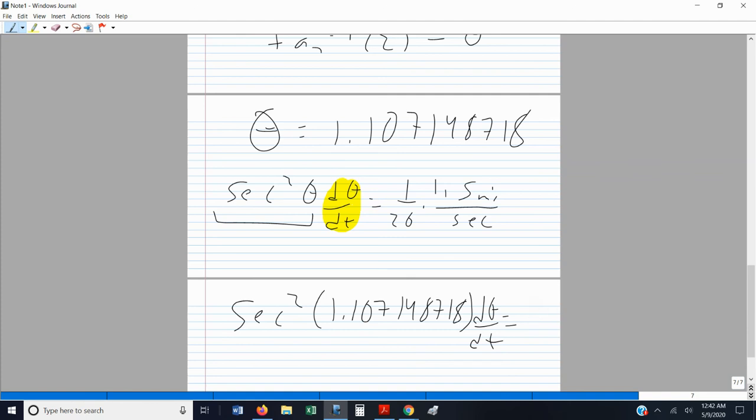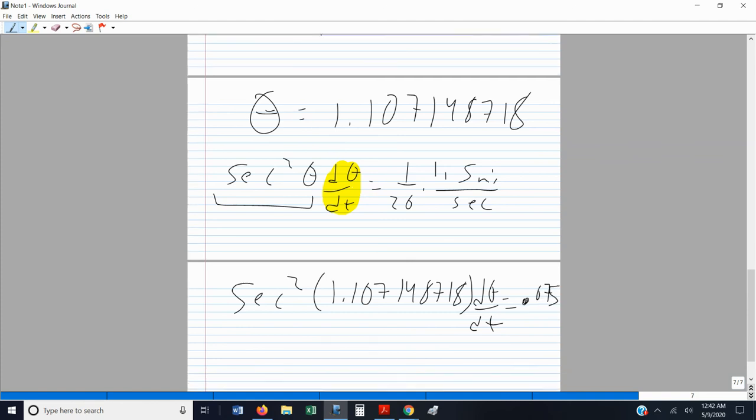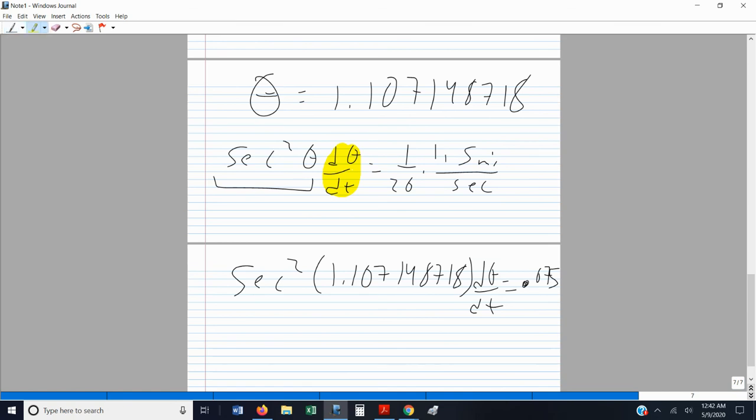That's 0.075. And then if you are solving for d theta dt, you would just divide by secant squared of that angle on both sides.